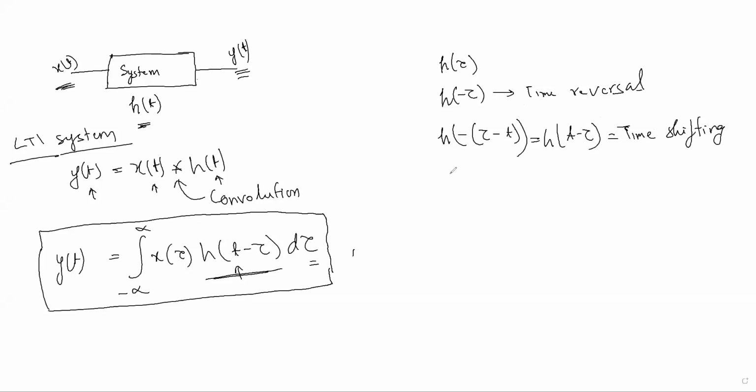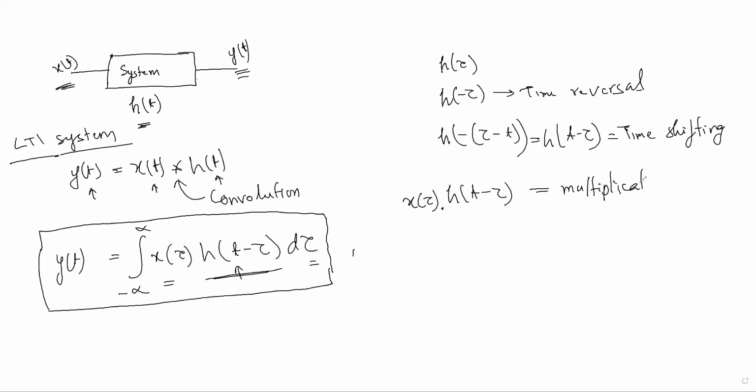So what is the next operation? We got t minus tau by performing two operations: one is time reversal and another is time shifting. The third operation is that we have to multiply with x of tau, so another operation is multiplication.